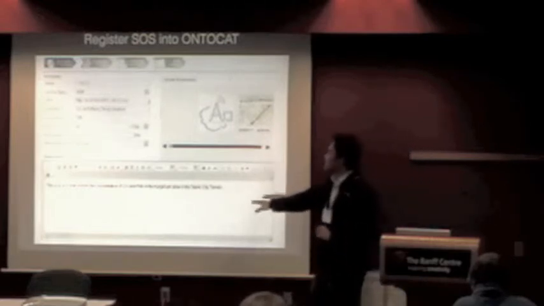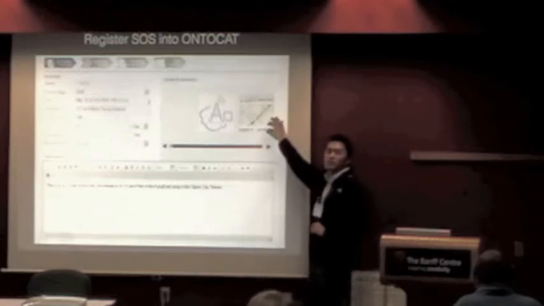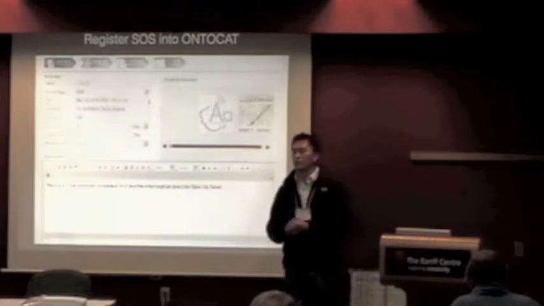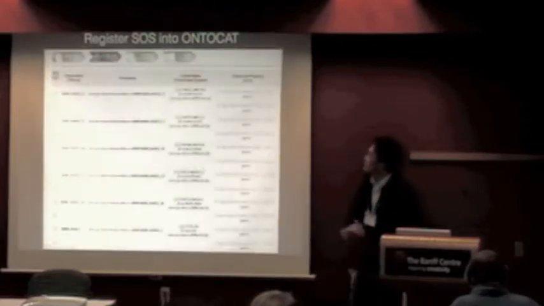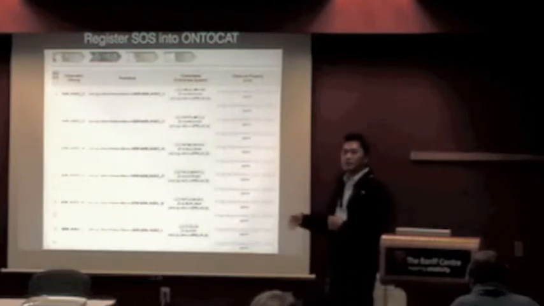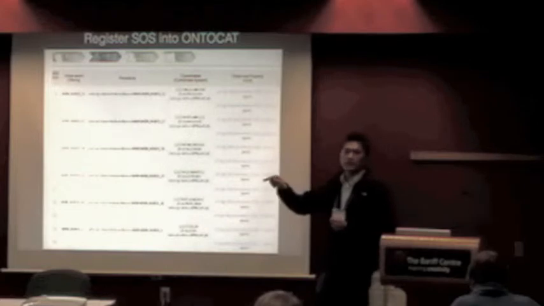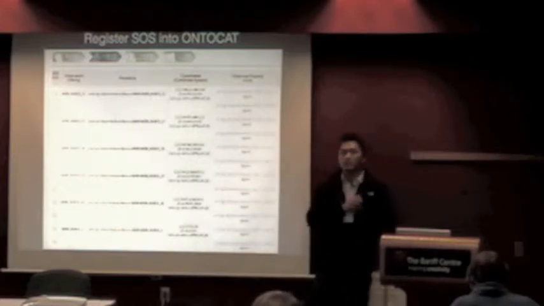Moreover, we can give some descriptions of this web service and upload some screenshots in the web portal to let other people know about the SOS web service. And then remember our service agent. The service agent will get the URL, send the get capability request to the SOS service, and get a response.